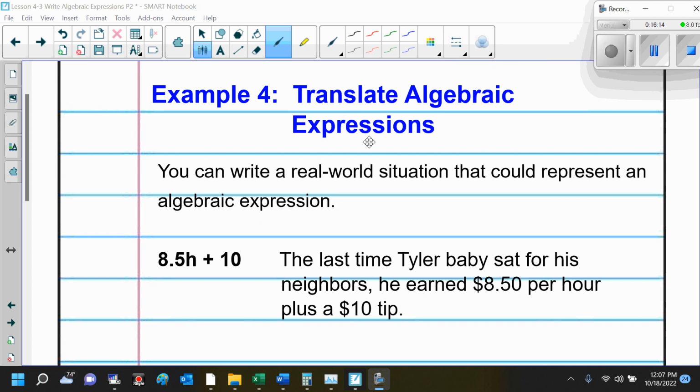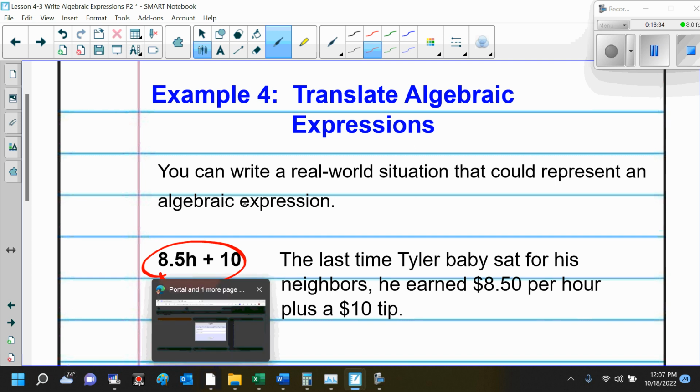So example 4 is translate algebraic expressions. So here it says you can write real-world situations that could represent an algebraic expression. Okay? So here's the algebraic expression, 8.5H plus 10.